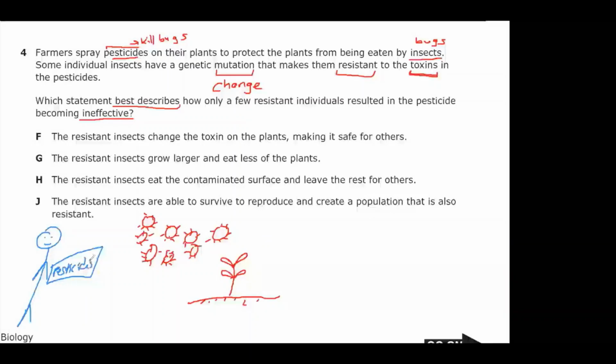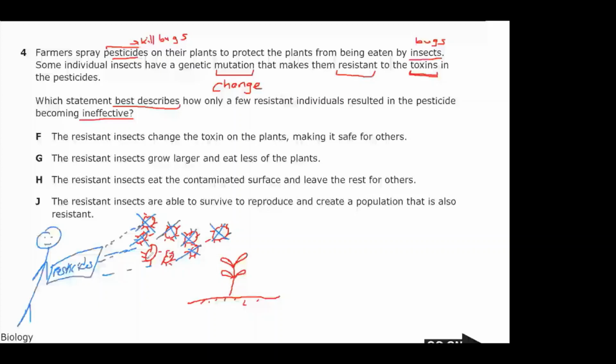And he sprays those pesticides, let's say, on the bugs. And let's say some of them get killed. But some of them have some genetic mutation and they survive.